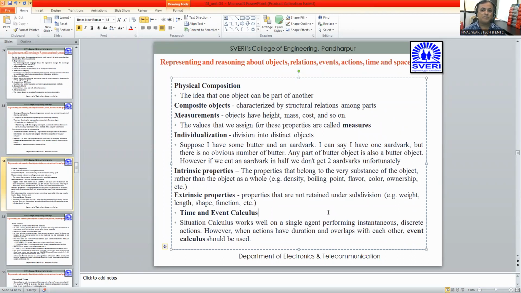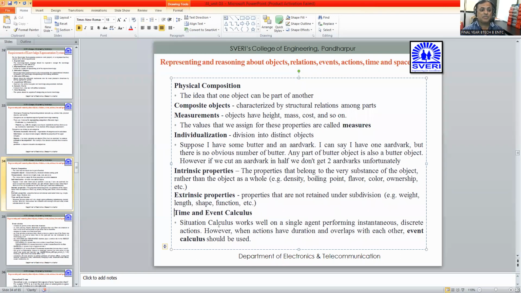Similarly, this intrinsic property is nothing but it belongs to each and every substance of the object rather than belonging to the object as a whole. For example, you can say density of that object, boiling point of that object, flavor of that object, color of that object, ownership of that object. So these all things are nothing but the intrinsic properties.